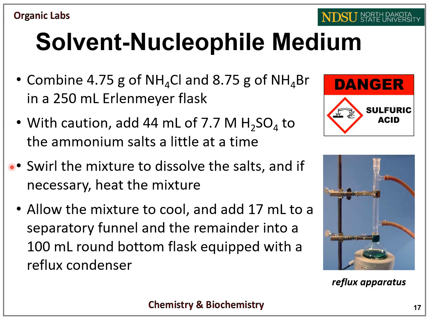Then swirl the mixture to dissolve the salts, and if necessary, heat the mixture. Allow the mixture to cool and add 17 milliliters to a separatory funnel, and then add the remainder to a 100 milliliter round bottom flask with a reflux condenser.